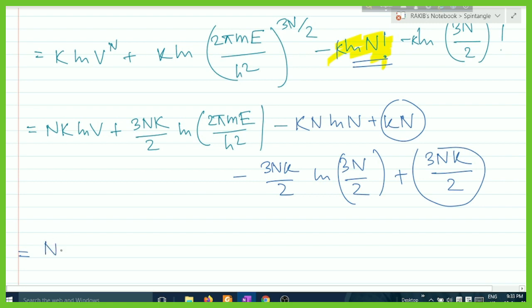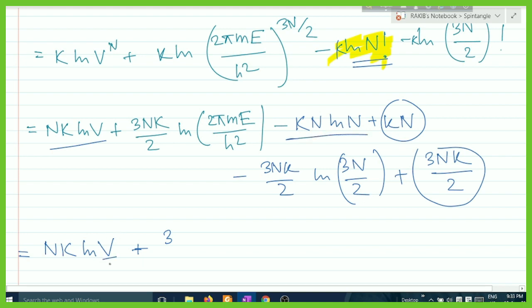It becomes nk ln V plus, let me merge this nk ln V with this minus kn ln n.